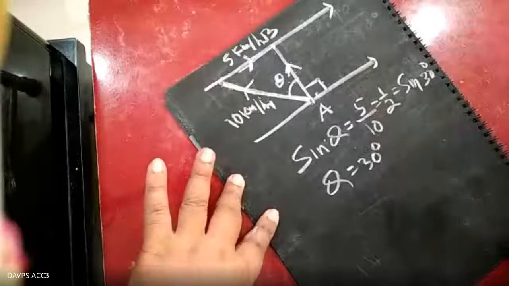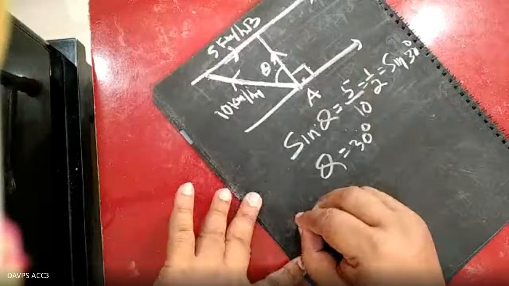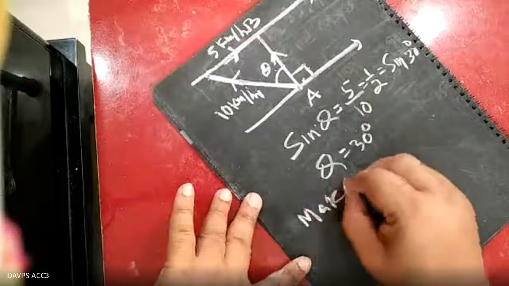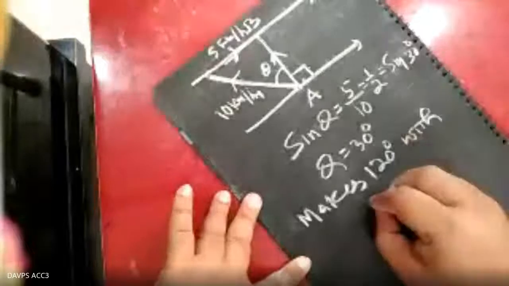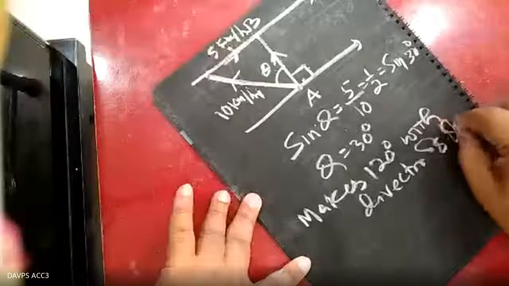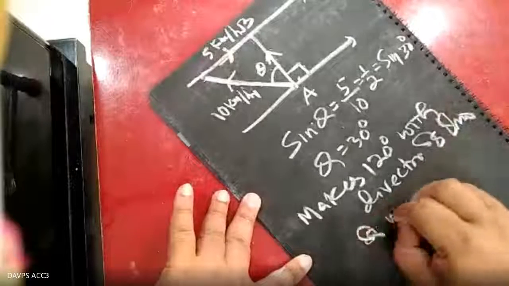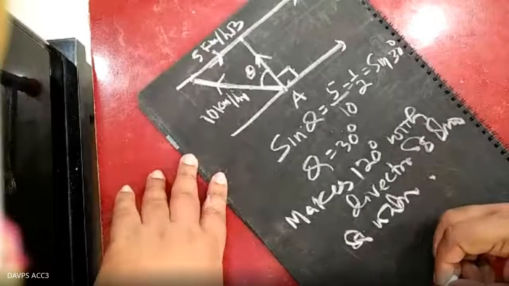Clear now? So the boatman has to travel at an angle of 120 degrees with the direction of flow of water. In this direction the boatman has to drive.